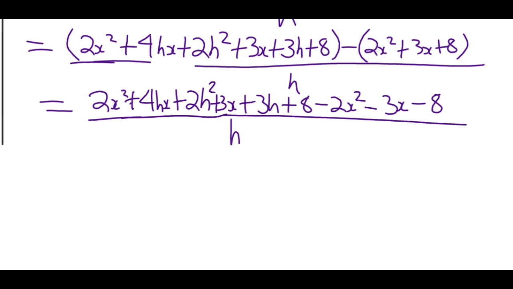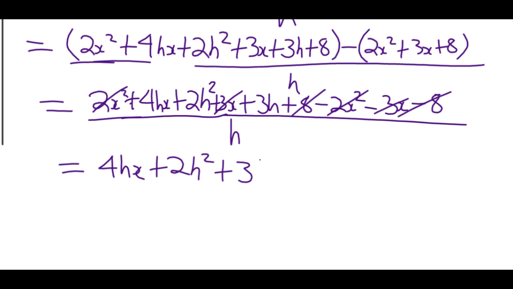Okay, so what do we got? 2x squared and minus 2x squared. 3x and minus 3x, plus 8 and minus 8. So, okay, what's left? We got 4hx plus 2h squared plus 3h all over h. And what's the last step?